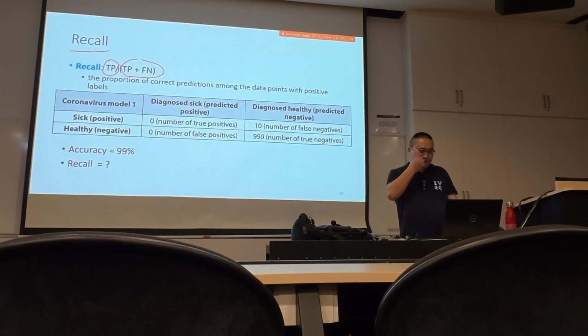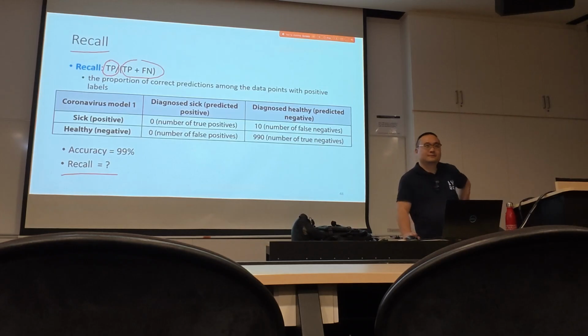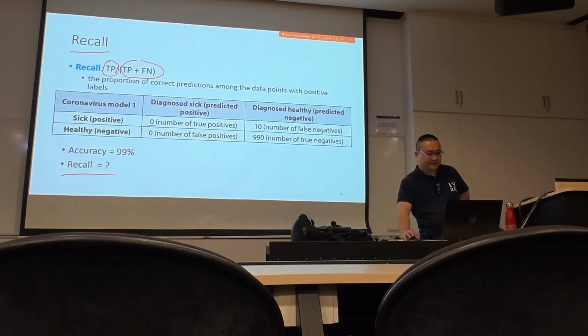Let's go back to the previous example. For that very simple model that only predicts healthy for every input, using this formula you can very simply get the result. Because the true positive is 0, the recall actually is 0.